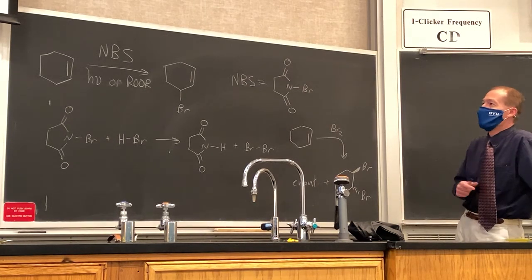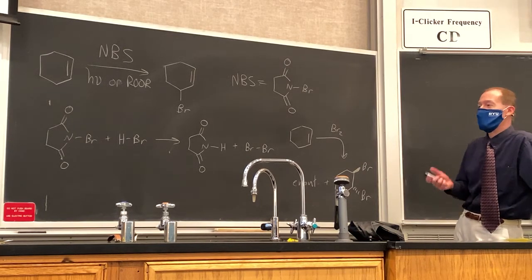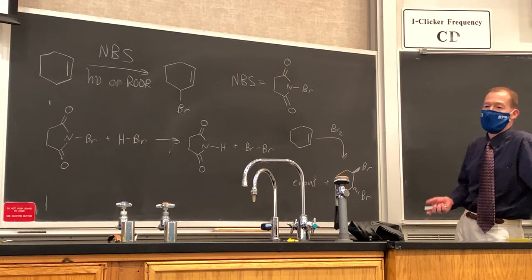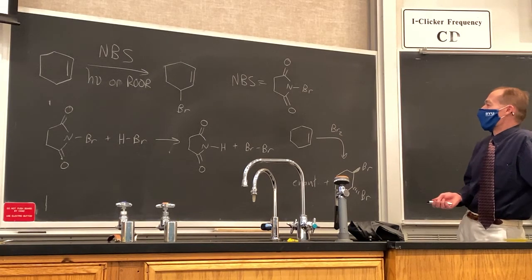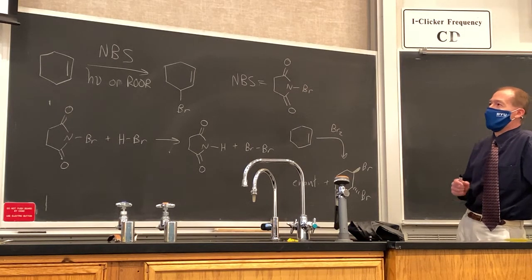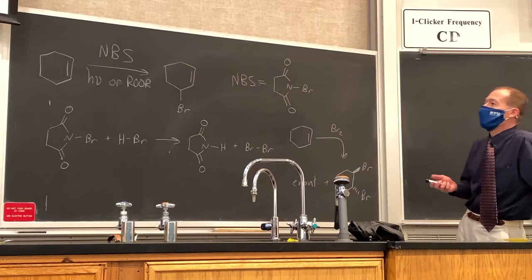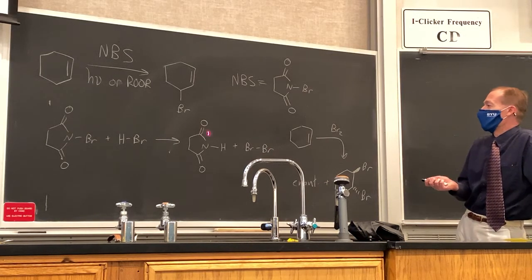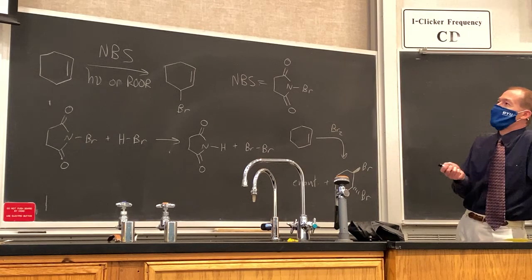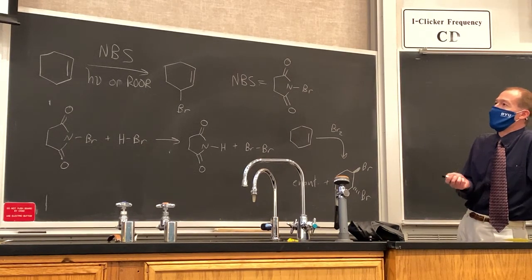We need a low concentration of bromine in order for the radical reaction to proceed instead of the polar or the non-radical reaction, okay? So that's where NBS is vital in this process. It allows us to only generate bromine as we start to form HBr, right? So the bromine is only going to form from the NBS once we start to generate HBr in step 1 of our propagation process.